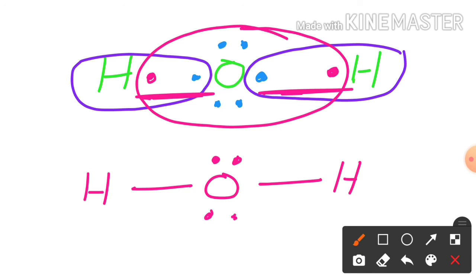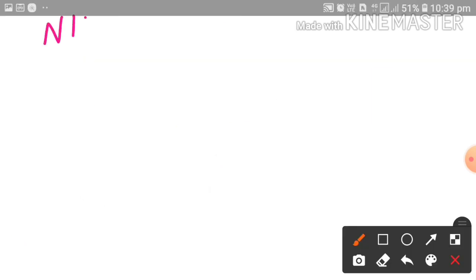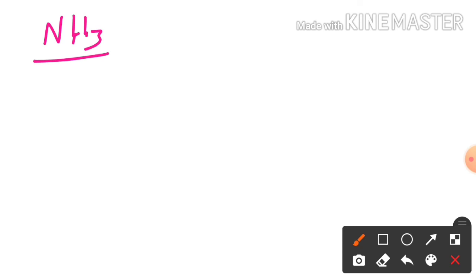And now we will study the structure of the ammonia molecule. Ammonia is NH3, and in NH3 nitrogen remains at the center, and all the 3 hydrogens are arranged in this way.